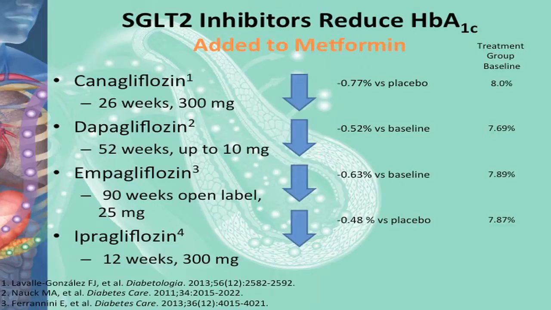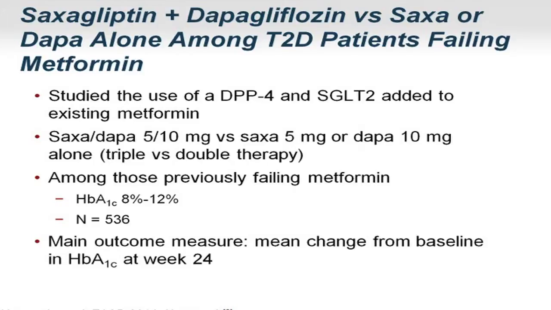And this is a study looking at saxagliptin, right, added to dapagliflozin, the SGLT2 inhibitor, and comparing that to either Saxa alone or DAPA alone among type 2 diabetes patients who failed metformin. A1C was between 8 to 12%. They had about 500 patients in this study.